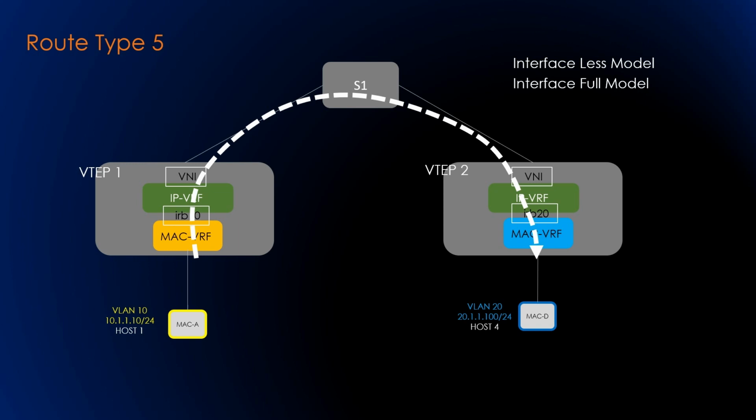Then we have the interface-full with SBD IRB model, which requires an SBD as well as a gateway IP address as an overlay index. SBD stands for supplementary broadcast domain, a broadcast domain that does not have any attached circuit, only IRB interfaces, and is used to provide connectivity among all the IP VRFs of the tenant.